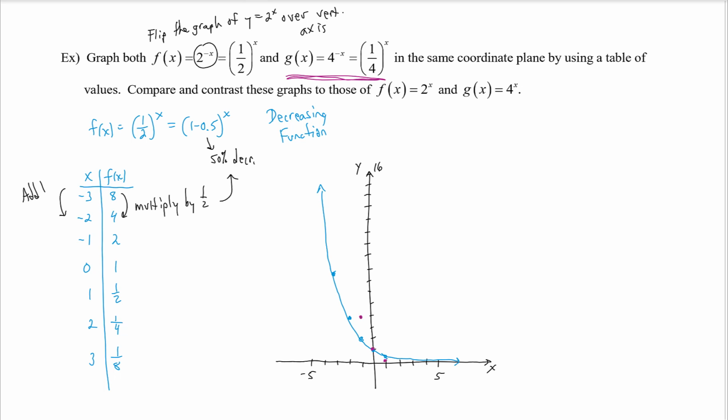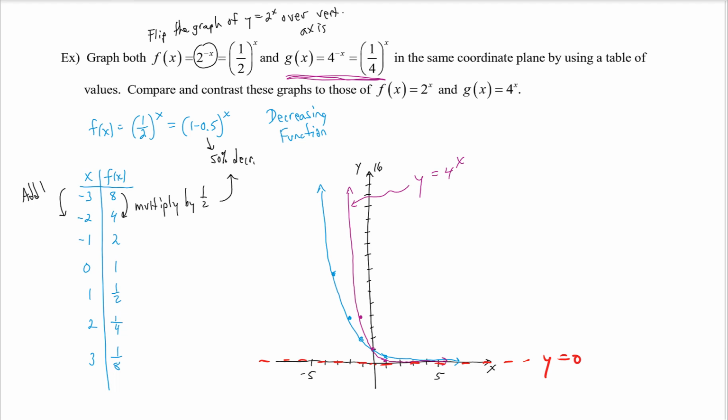So it's going to be, again, a lot steeper, but never vertical. But notice it has the same horizontal asymptote because you still can't get 0 as your output. That's not possible. So 1/4 to any power is never 0. 1/2 to any power is never 0.